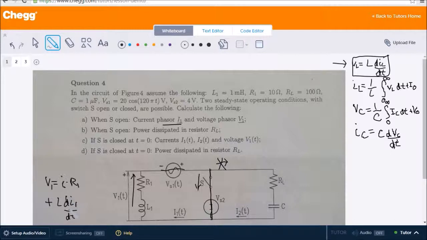So you're going to find your current as a function of time. You just take the derivative of that and multiply it times your inductance. Now you have your V1. So that's how you're going to solve for V1.